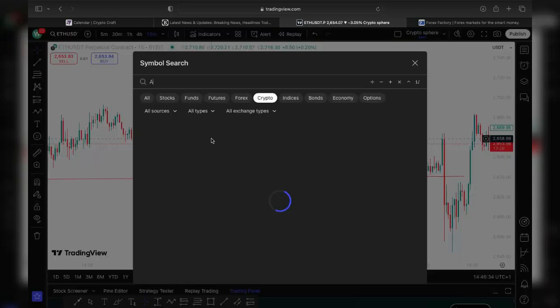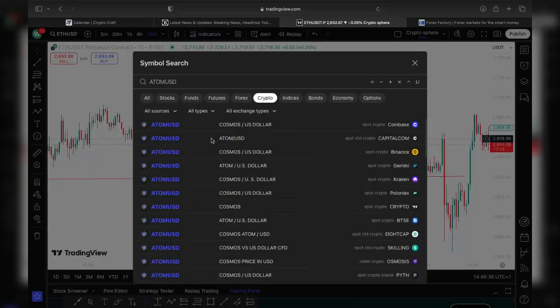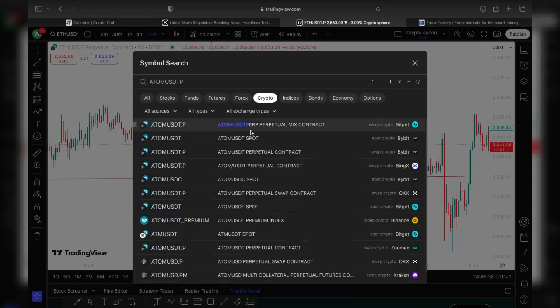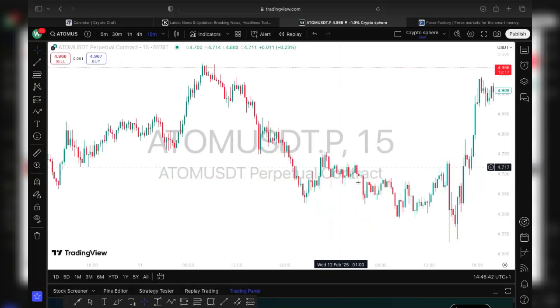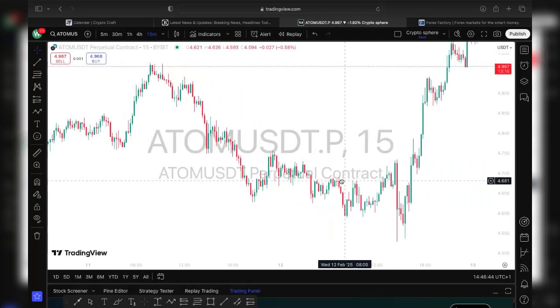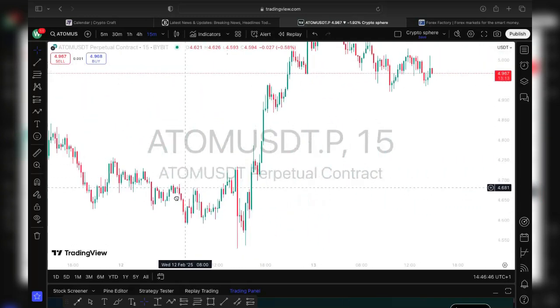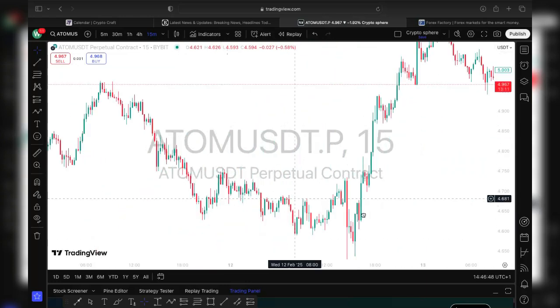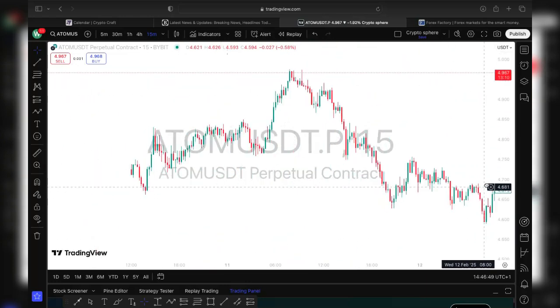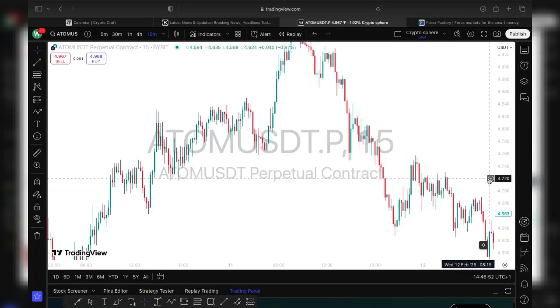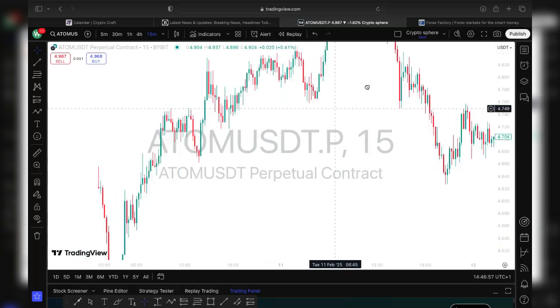Let me use ATOM USDT now. All right. Let's look out for a support level that turned into a resistance.